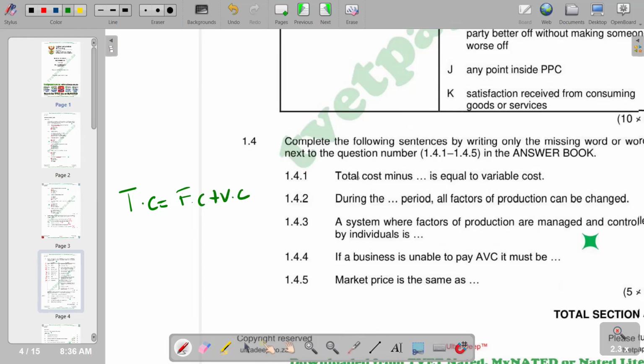Here it is saying total cost minus, which equals variable cost. So we are making variable cost the subject of the formula. It becomes variable cost equals total cost minus fixed cost. As simple as that. So the correct response that we have on 1.4.1 is fixed cost.